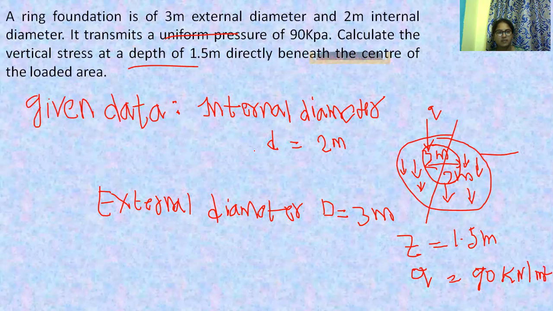So what is the formula for a ring foundation? The vertical stress sigma z is equal to q into K_BC, the Boussinesq coefficient.